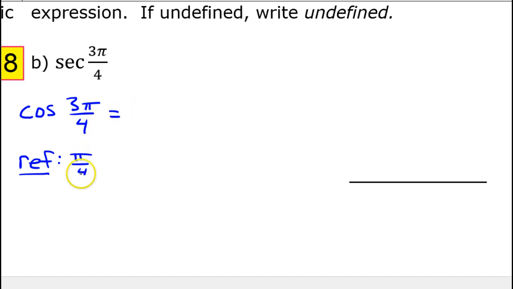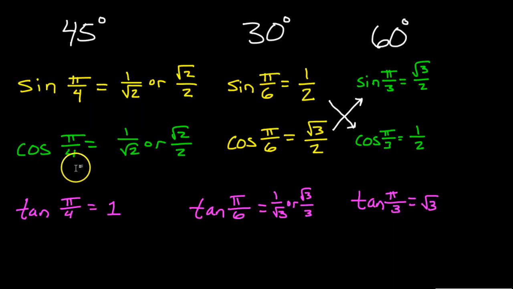So what is the cosine of pi over 4? Well, remember, that's one of the values that we have memorized. So the cosine of pi over 4 is 1 over radical 2. And that's the form I'm going to use for this problem.